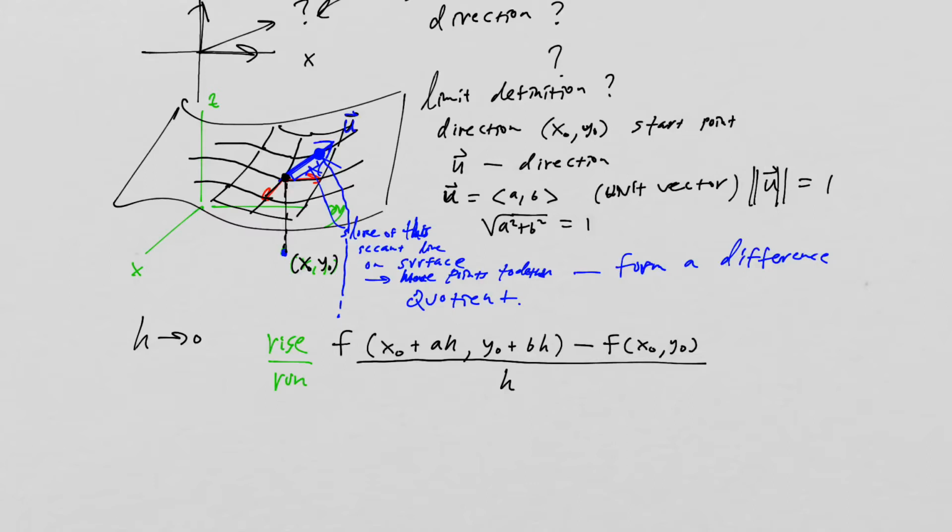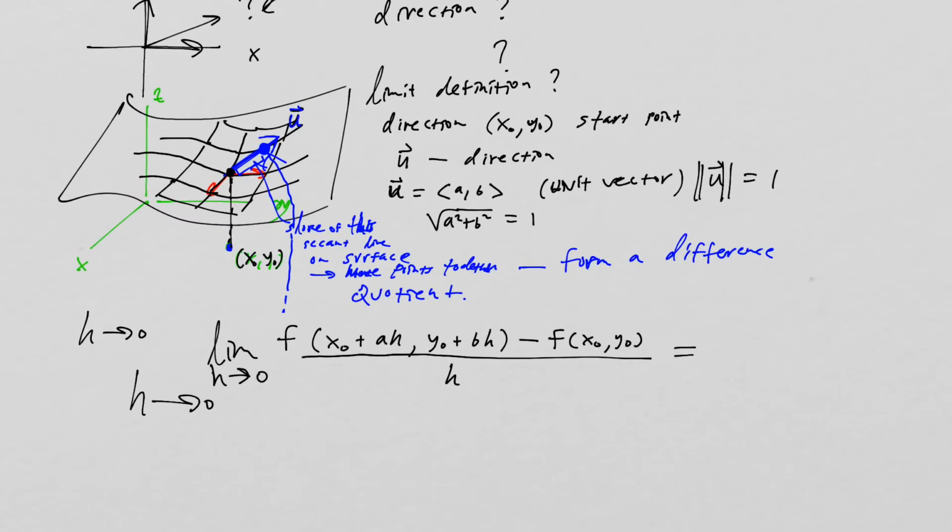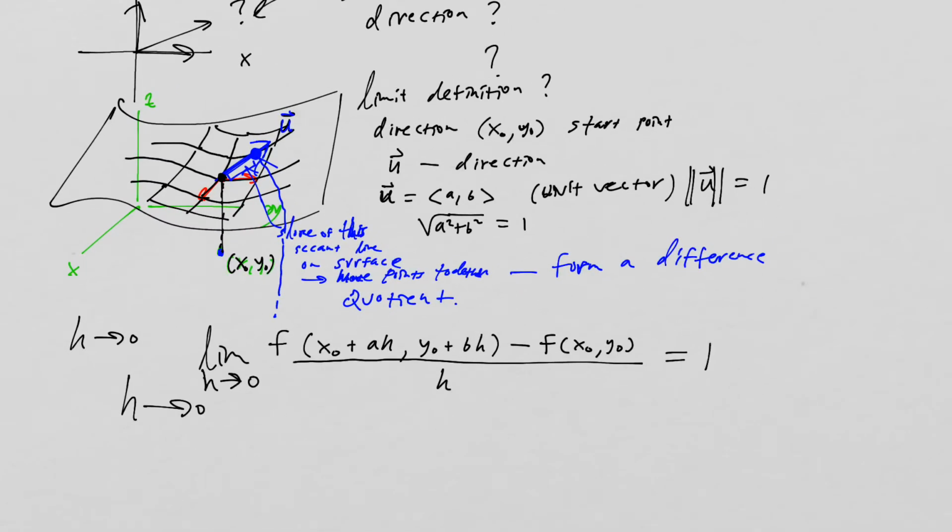And the idea here, of course, is now we want to take h and make it go to 0. And we can call this something now. So I'm going to take this and make it a limit as h goes to 0. I'm going to call this D sub u of f, evaluated at x naught, y naught.